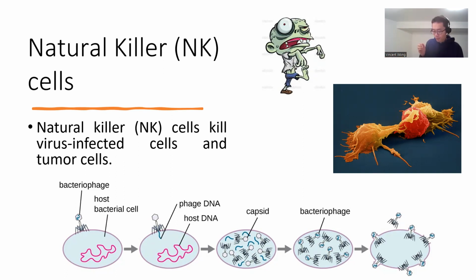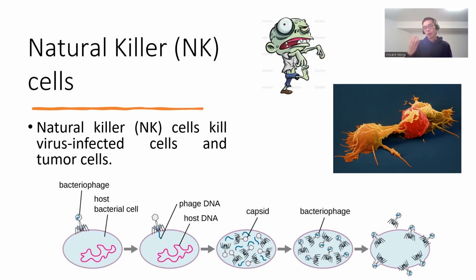On the other hand, tumor cells are a little bit harder to detect. They are not pathogens. They are your own cells that have mutated. We learned that last semester, with the oncogene and so on. But there are some subtle changes on their surface that the NK cell might be able to pick up.